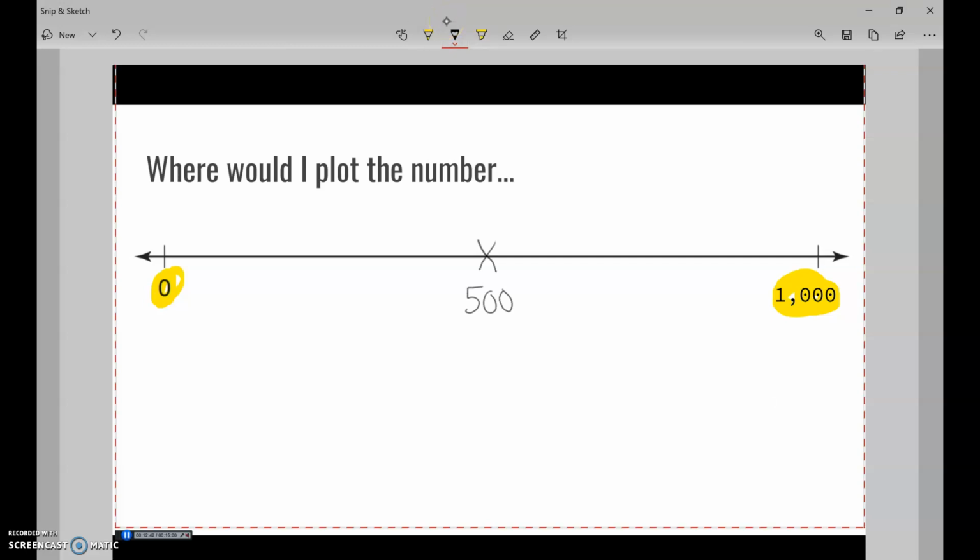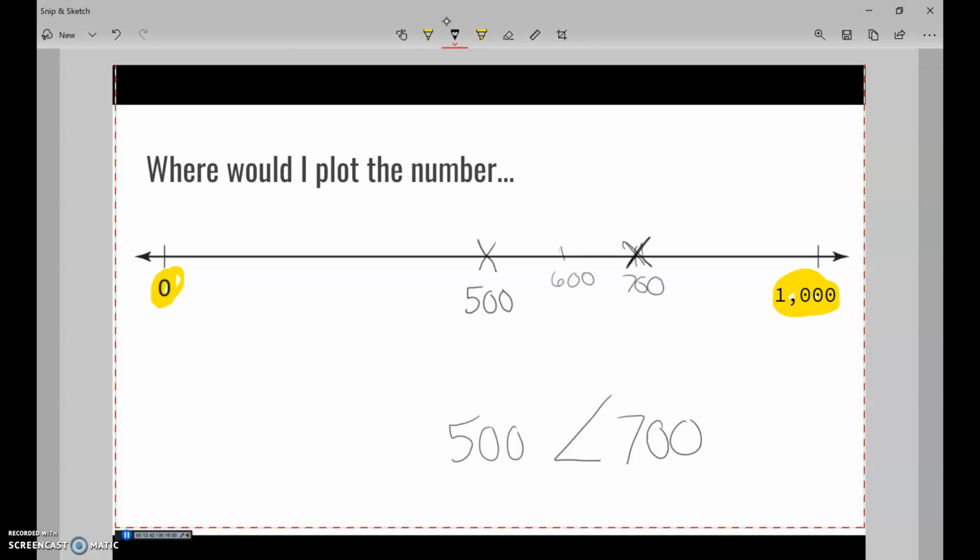Now, if we want to try one, I'm just going to try 700, okay? I know 700 is greater than 500. So if 700 is greater, it has to be on this side. So I think 500 is 600, and then 700. And that's what I'm going to use it on.